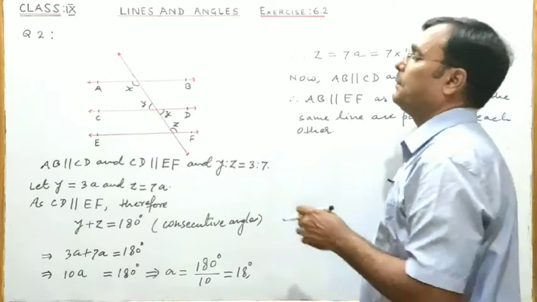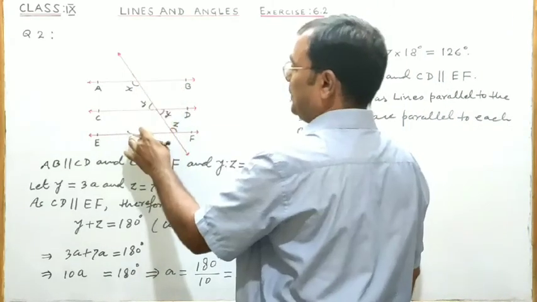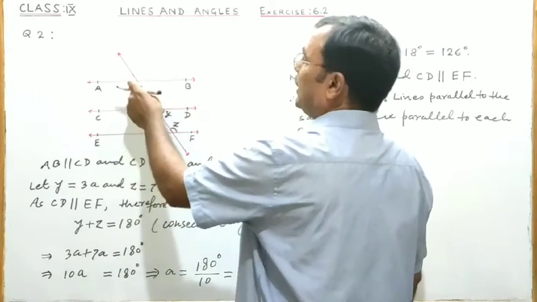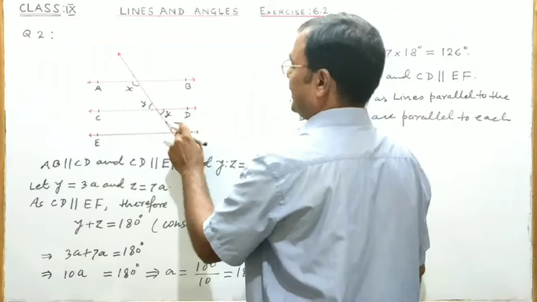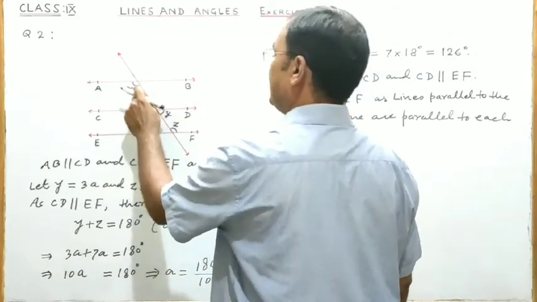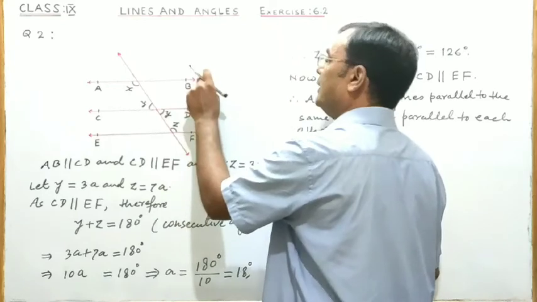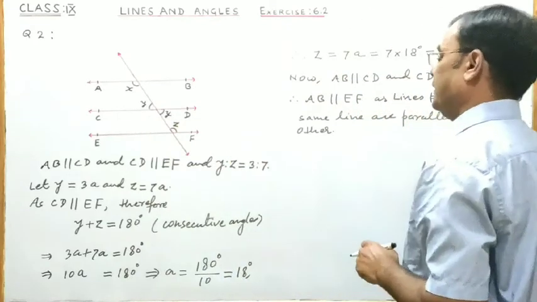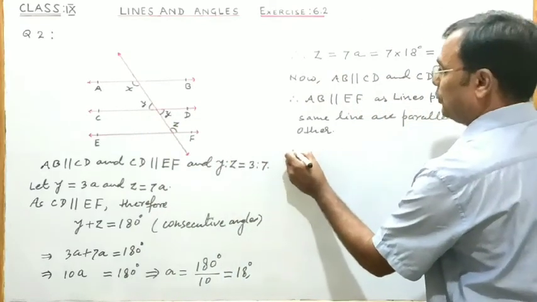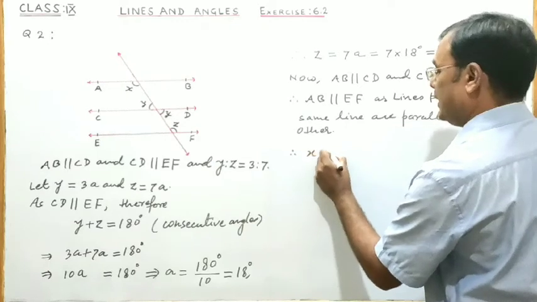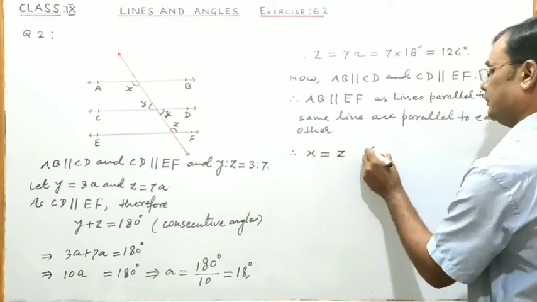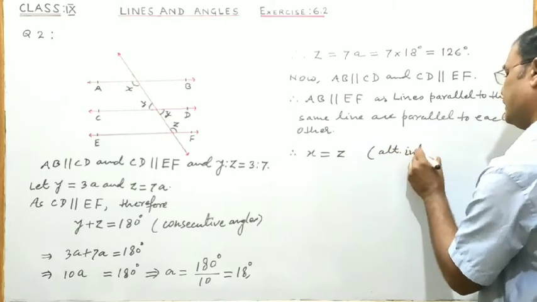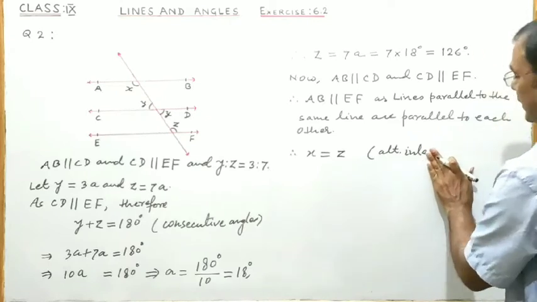to each other. Now you see line AB is parallel to EF intersected by a transversal. So look at angle X and angle Z, which are alternate interior angles for parallel lines AB and EF intersected by this transversal. So therefore X is equal to Z because they form alternate interior angles.